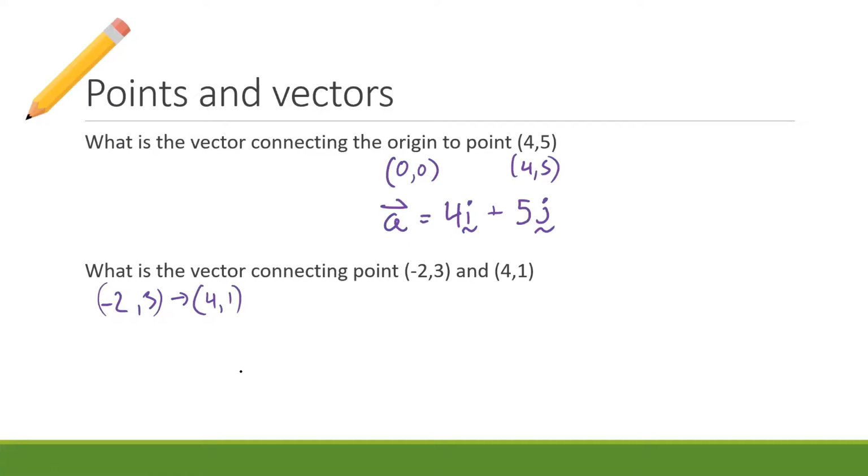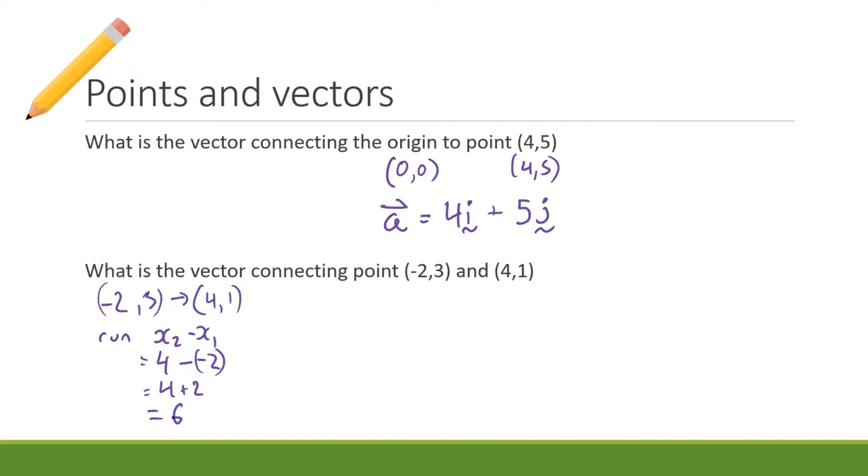There's a couple of ways you can do this, but we could actually just use this, right? We could just figure out the run. Let's go x2 minus x1, or 4 minus negative 2, equals 4 plus 2, which is 6. If I go from negative 2 to 4, I've moved across 6.